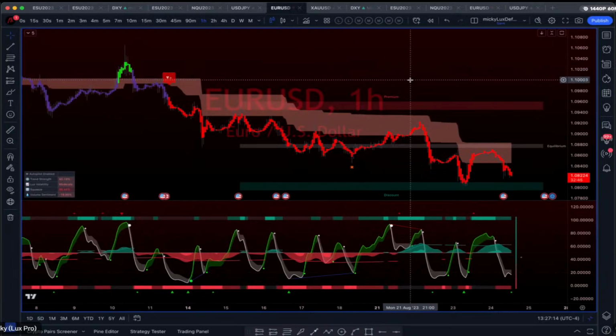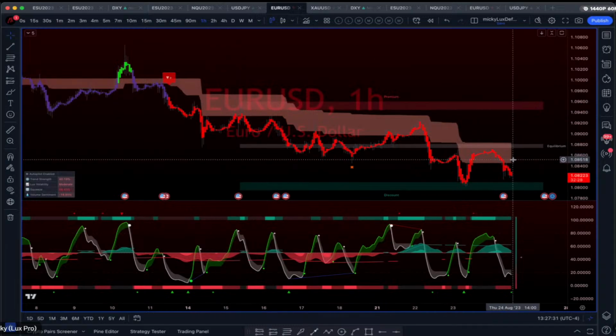Next asset class, Forex. I love Forex. Euro and the USD dollar. When the dollar goes up, the Euro USD goes down. Bearish. Most times, not tick for tick, not bar for bar, but in general, the correlation is there.